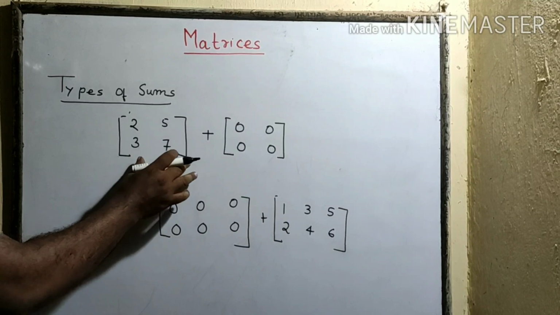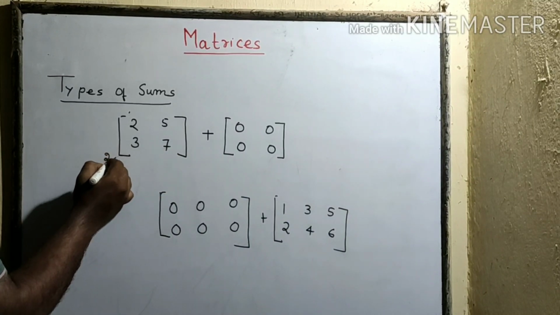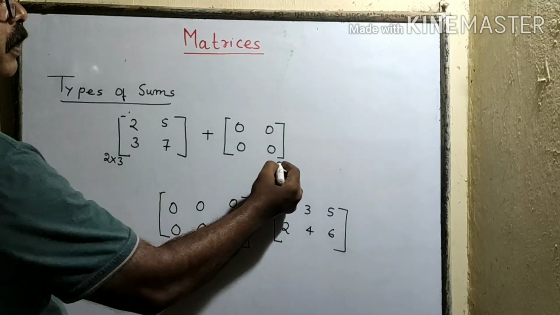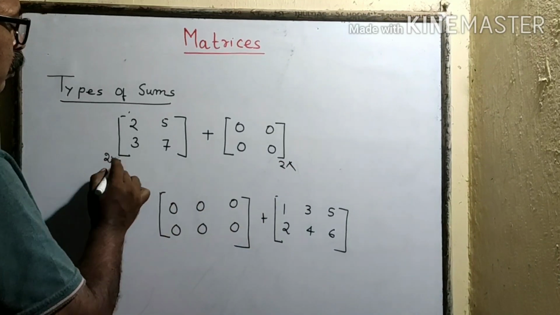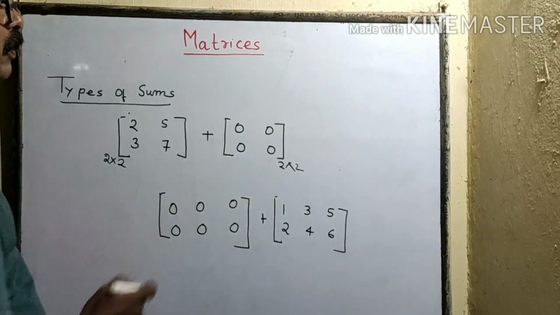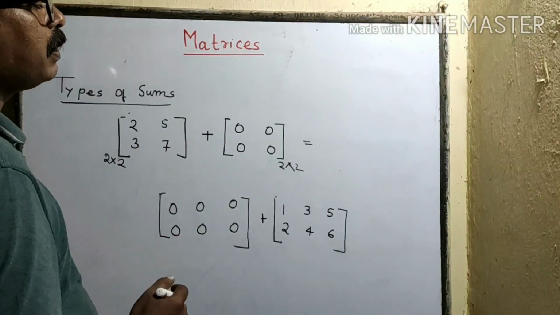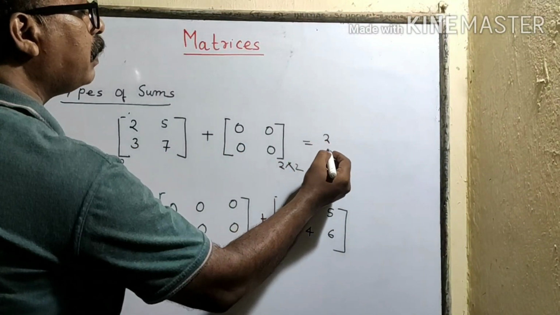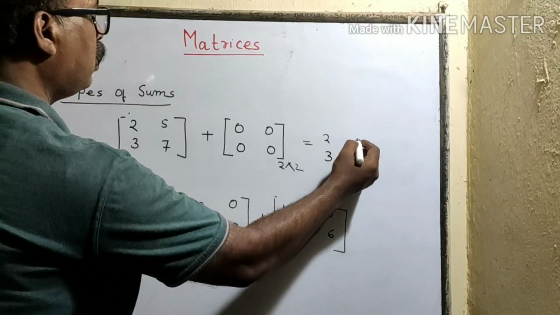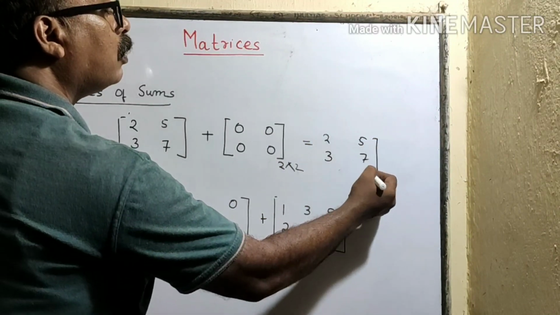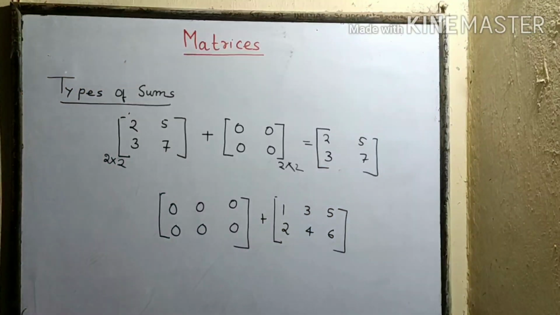Now see, this is a matrix of order 2 into 3 and this is a matrix of order 2 into 2. This is a null matrix, and when we add a matrix with a null matrix, the result will come out the same. It will be simply 2 plus 0, 2, 3, 5 and 7. So the result remains unaltered.